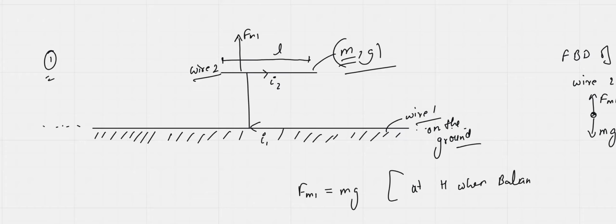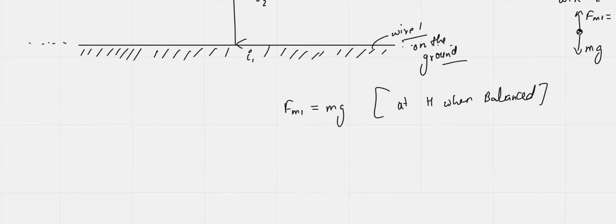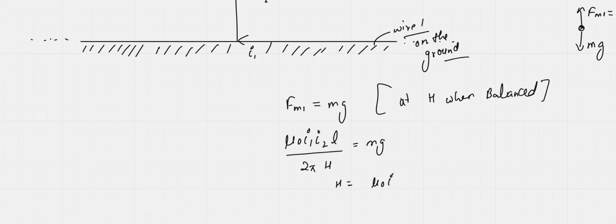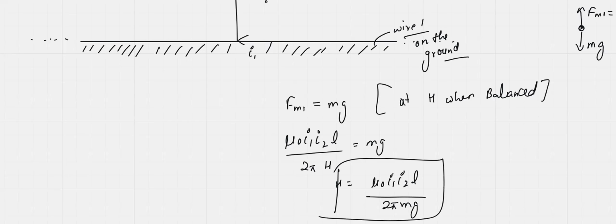Now I think you must have got the answer. You just have to put in the value: mu naught I1 I2 L divided by 2 pi h equals mg. So h equals mu naught I1 I2 L divided by 2 pi mg. That's the small formula. Is that clear?